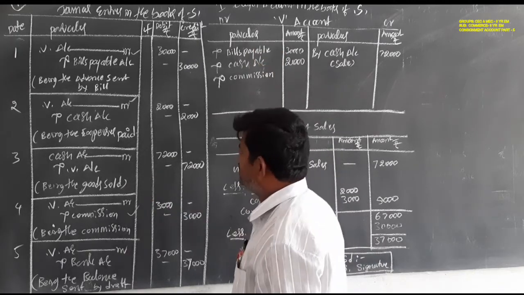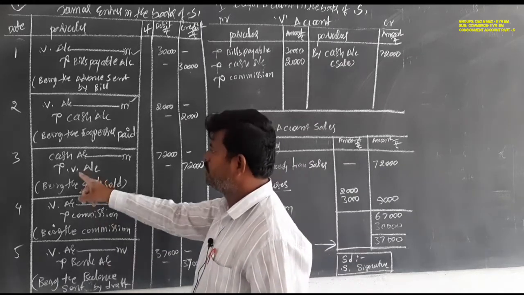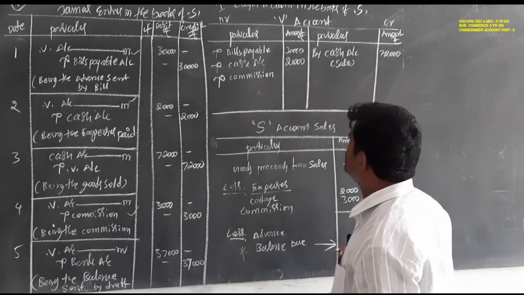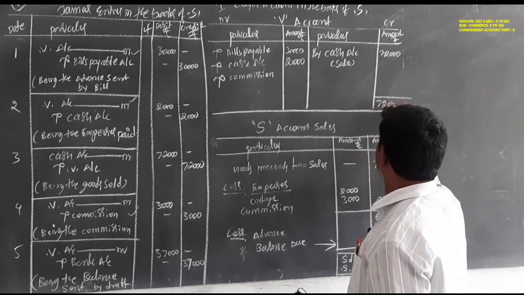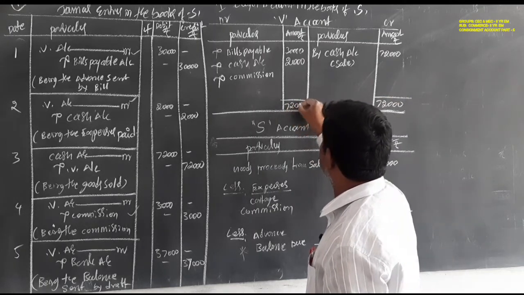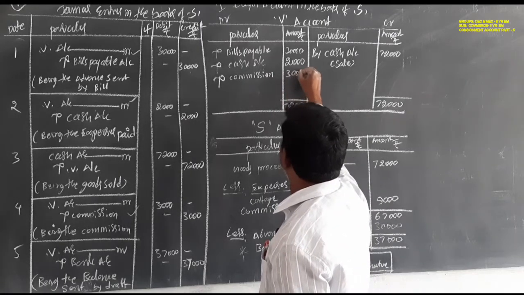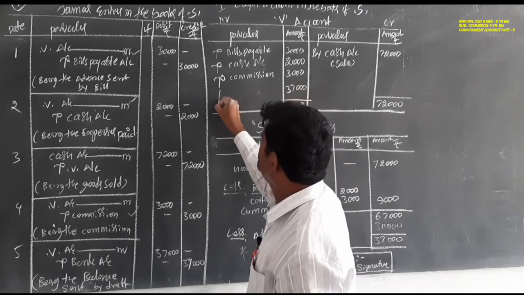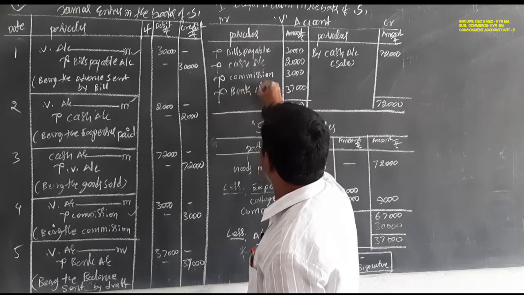Third transaction, for sale, cash account debit to V account is credited here. So you have to record on the credit side by cash account 72,000 rupees. First total them: 72,000 rupees. The difference is 37,000 rupees, to bank account.